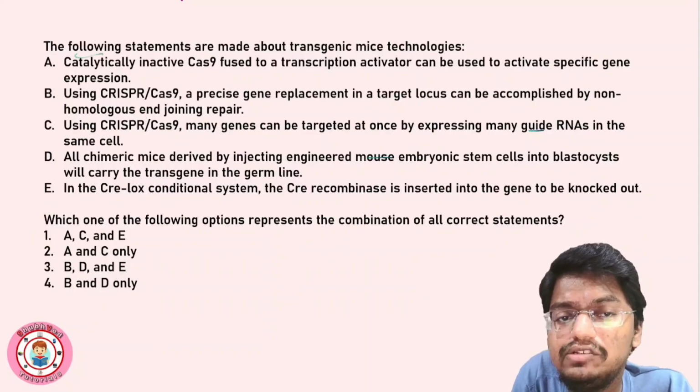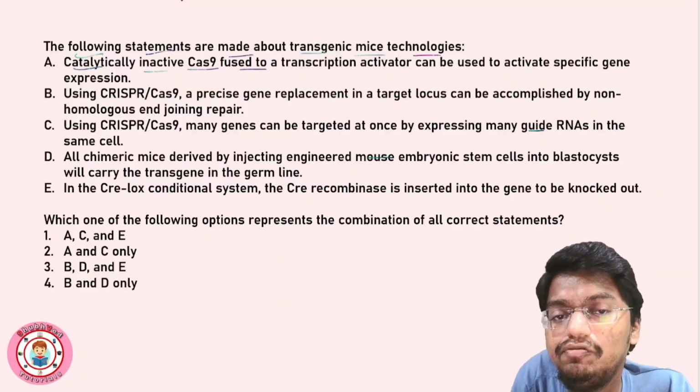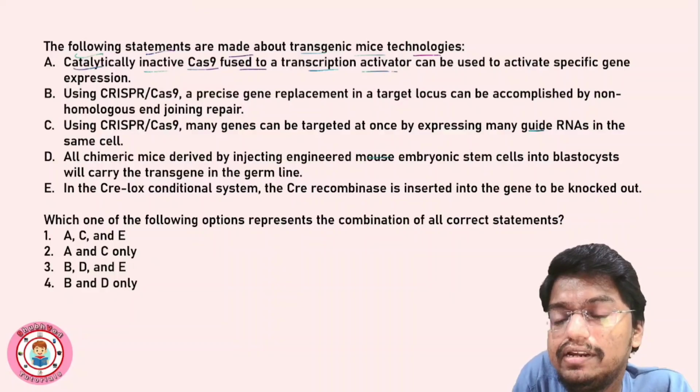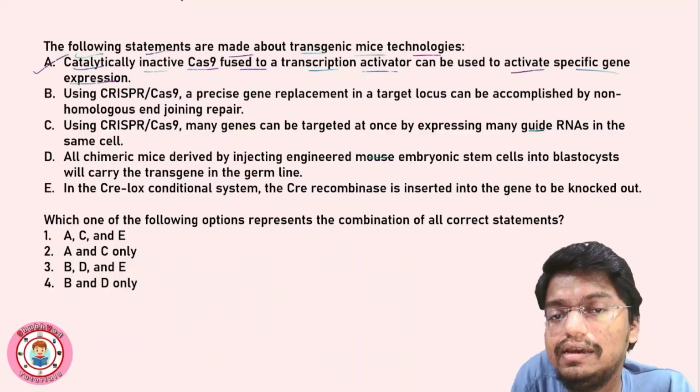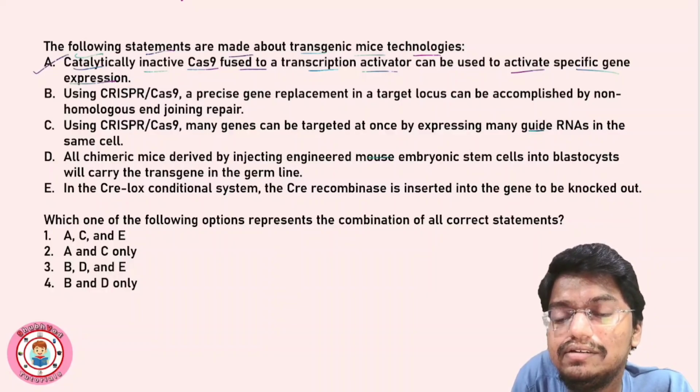The following statements are made about transgenic mice technologies. Catalytically inactive Cas9 fused to a transcription activator can be used to activate specific gene expression. Yes, correct. We have discussed CRISPR Cas9, I will add that link in the i button.